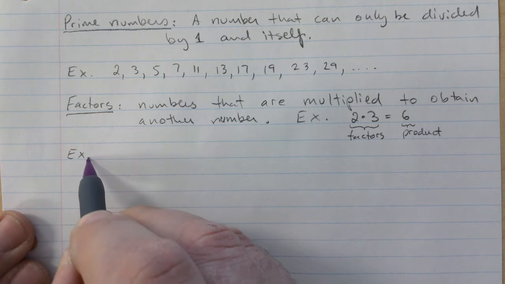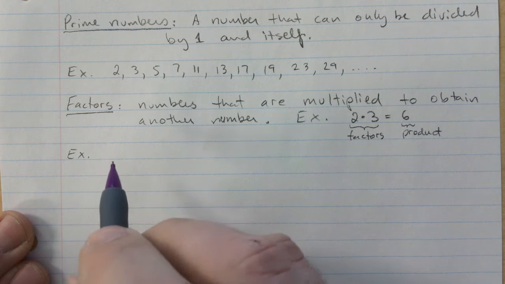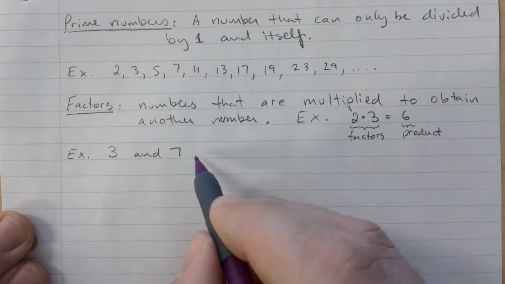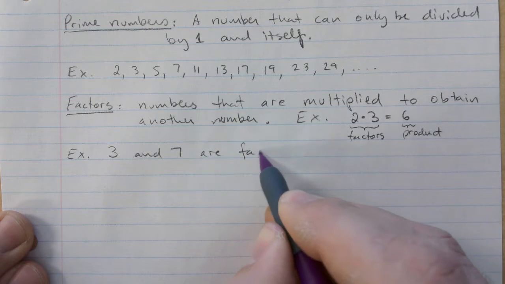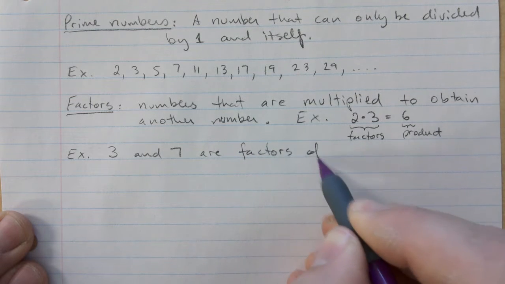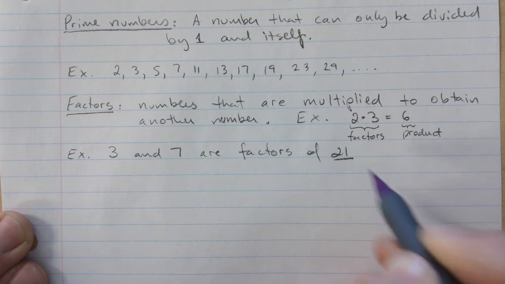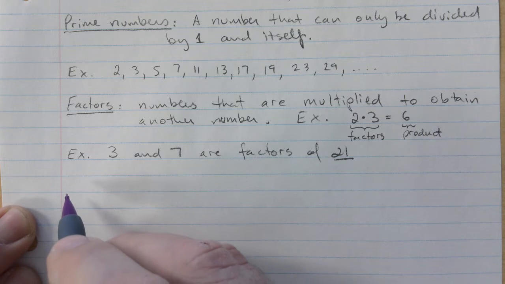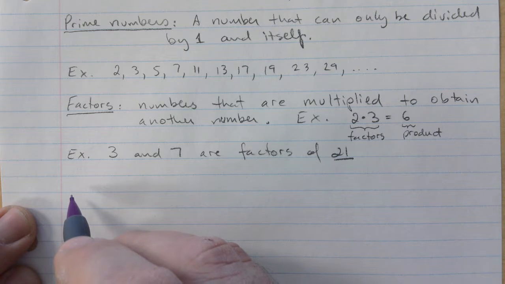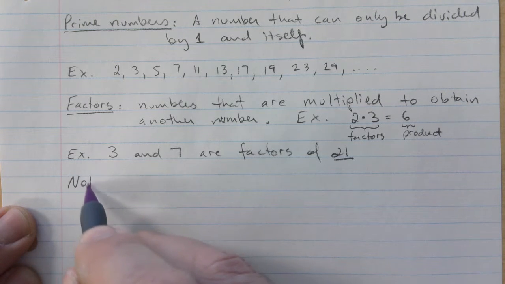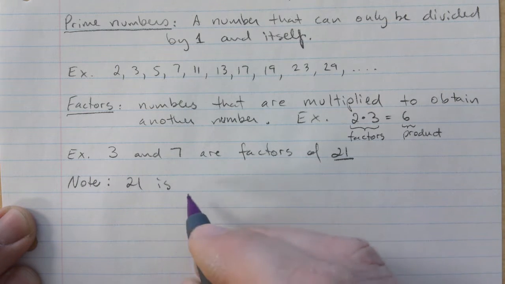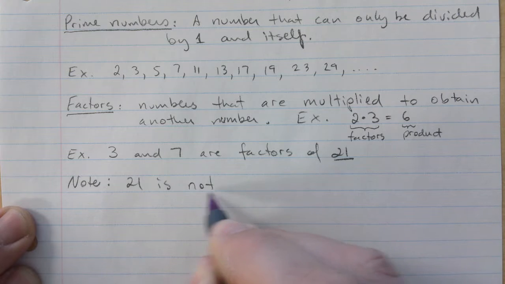Okay, example, 3 and 7 are factors of 21. So it's another example, just like I did here for you. And a note here, 21 is not a prime.